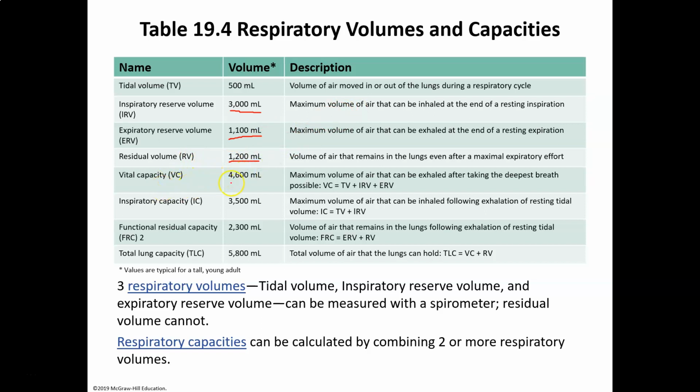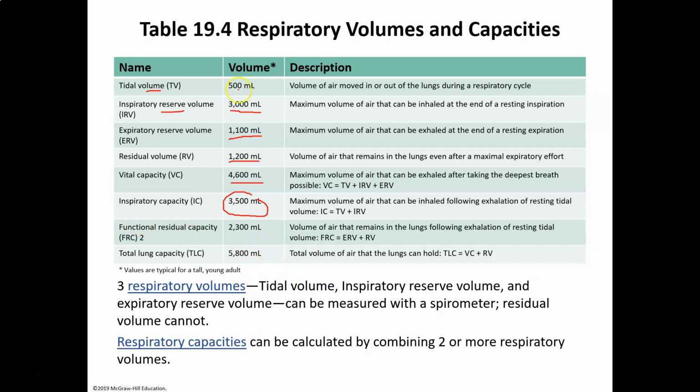Vital capacity, how much lung volume do I have to work with? How big are my lungs? How much air can they hold? Inspiratory capacity is inspiratory reserve plus tidal, right? So 3,000 plus 500, 3,500. Yes, of course.